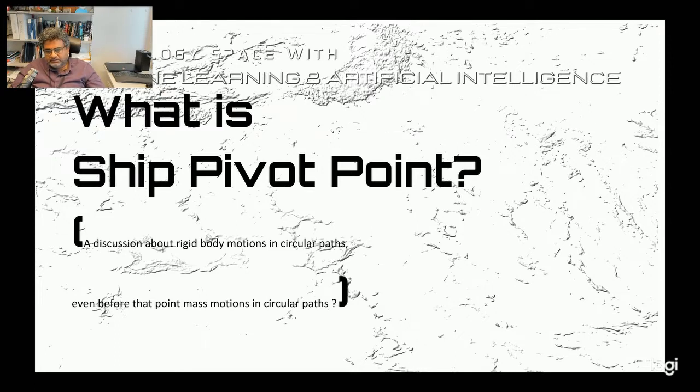Even before that, we have to explain the pivot point in a rigid body motion going in a circular path. If we take another step backwards, we would go towards the point mass motion in a circular path. Let's explain that first and then come back to the rigid body motions as well as the ship motions to explain this concept of pivot point.